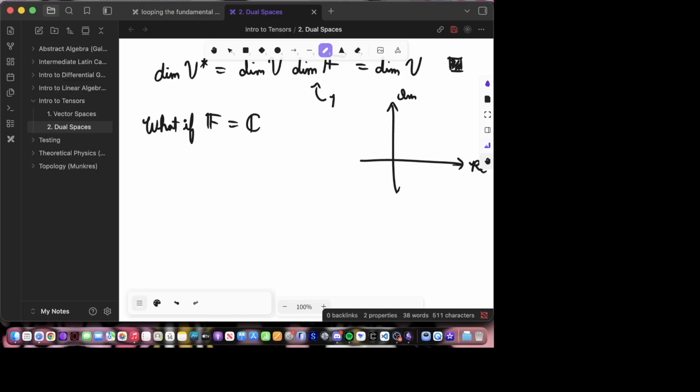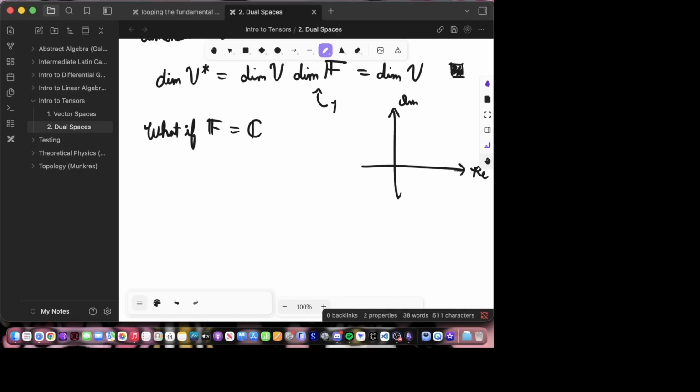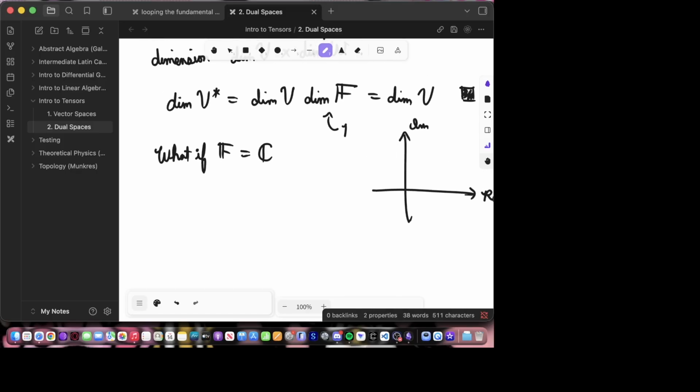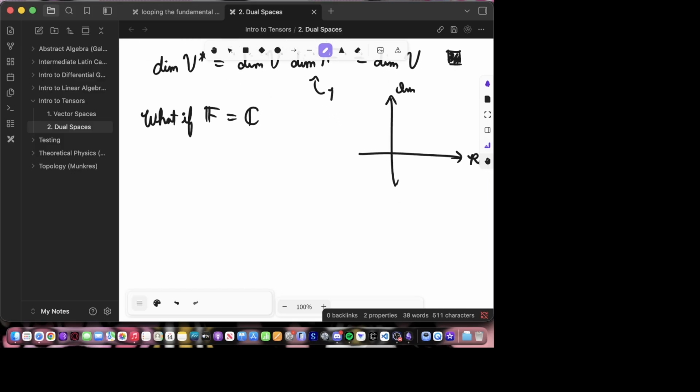It's that the scalars are complex numbers themselves, so you really only need just the scalar, and therefore the dimension in that case would be 1. I don't know if that made sense, but that's the sort of reasoning behind why the dimension of the field is 1 in this case.